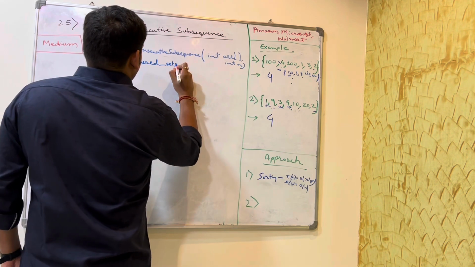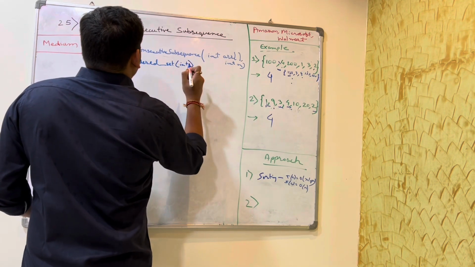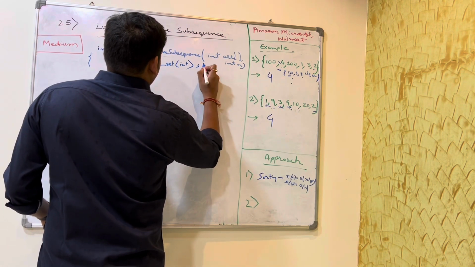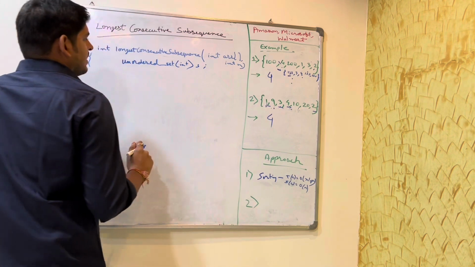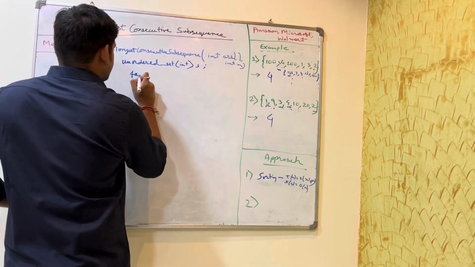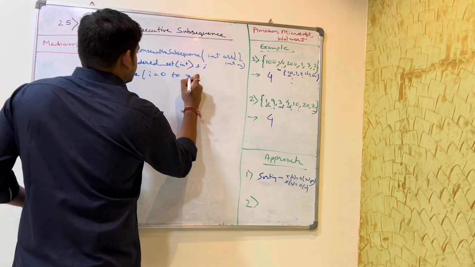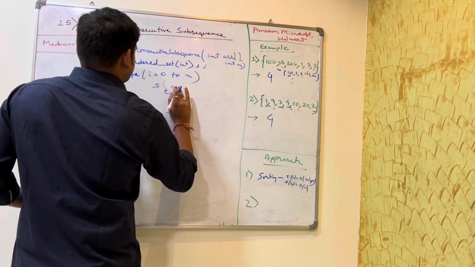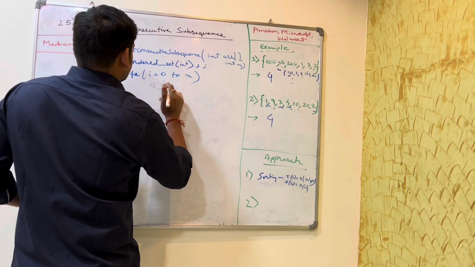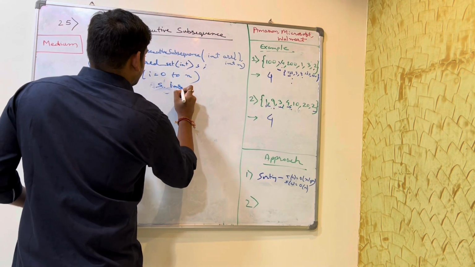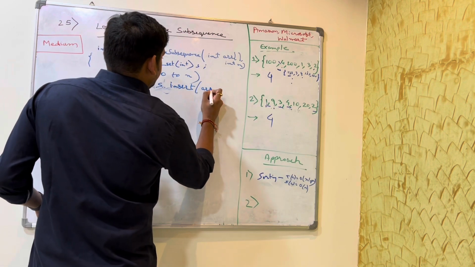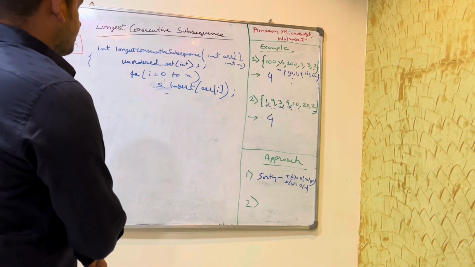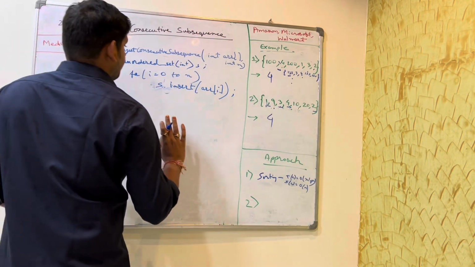So an unordered set of integers, and say we name it s. Then we insert all the elements in the set, s.insert of the array. Since we have taken a set, the repetition won't be stored, right? A set stores the unique elements. So we have stored it.